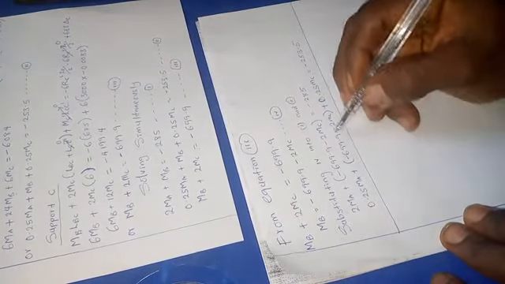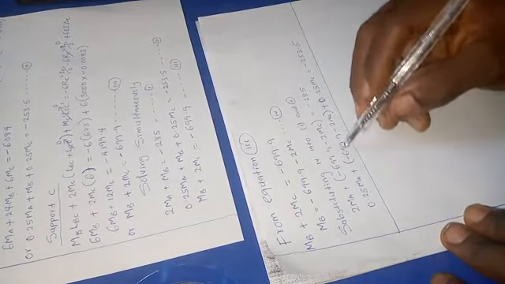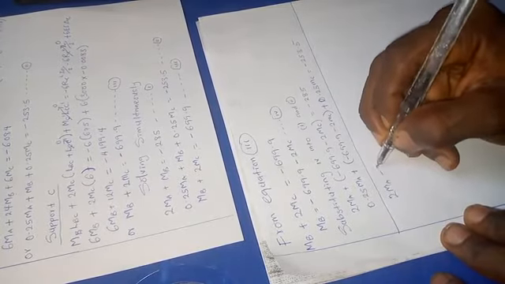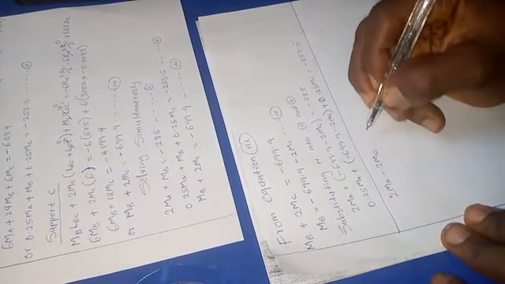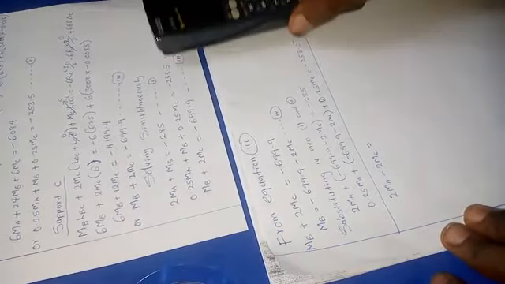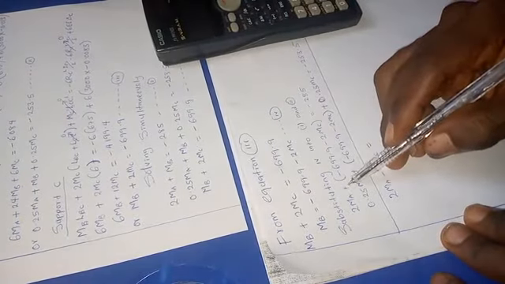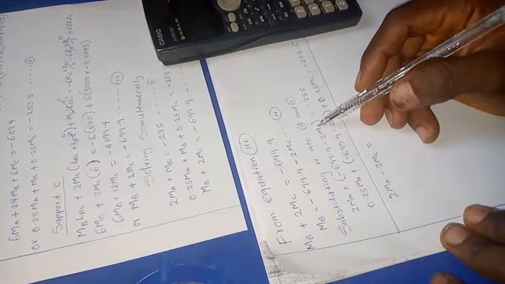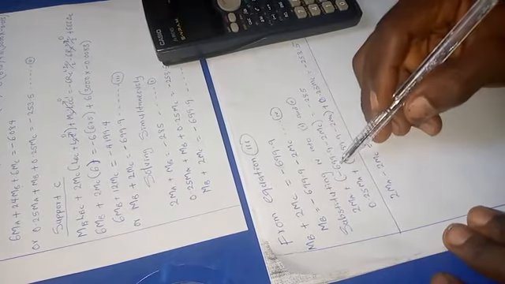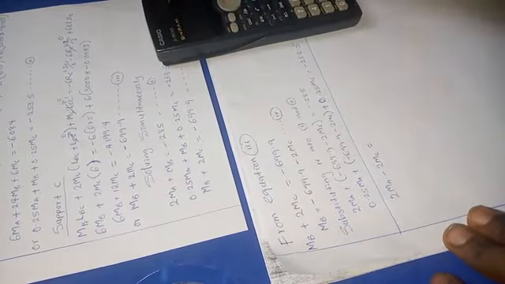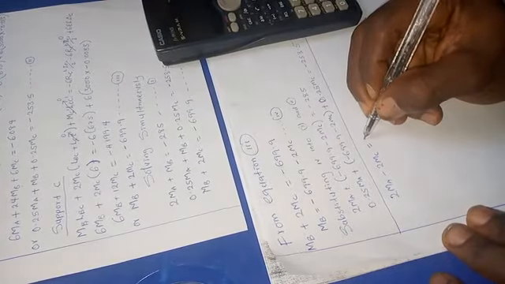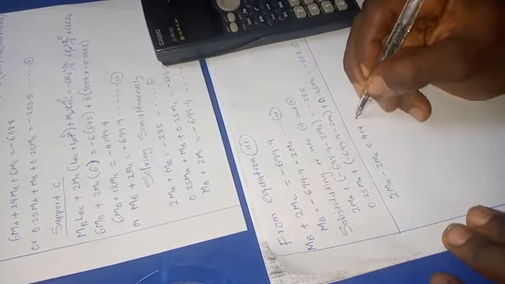Resolving this, I'll have 2 A minus 2 moment at C equal to this. I've opened this bracket because this is a plus sign, so it's not going to affect anything inside. Moving this to the other side, I'll have minus 285 plus 699.9, which will be equal to 414.9.